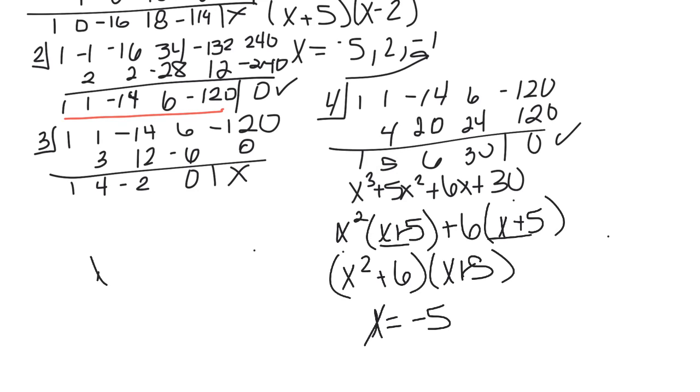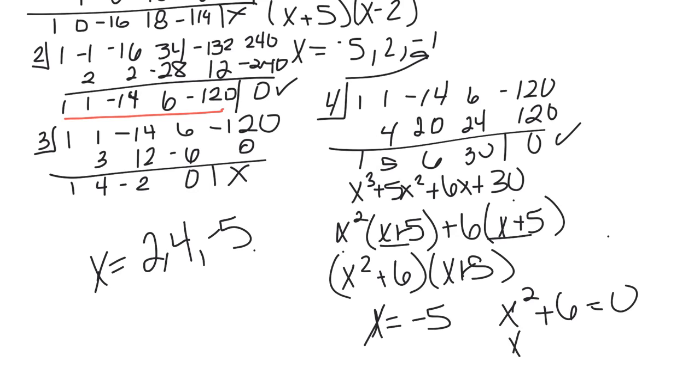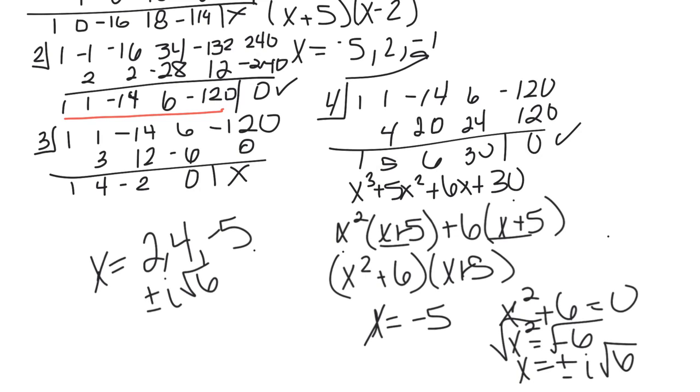What worked? 3 did not work, 2 worked. So 2 and 4, negative 5, and x squared plus 6 equals 0, x squared equals negative 6, x equals plus or minus i square root 6. It said find all the zeros, so I need to include my imaginary, and there's my 5 answers.